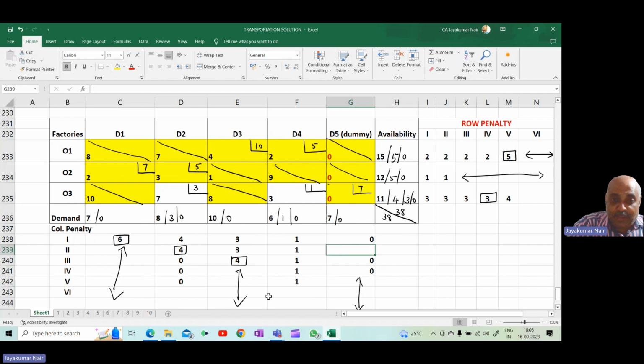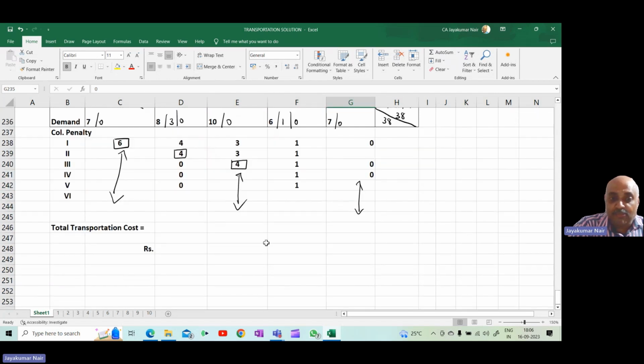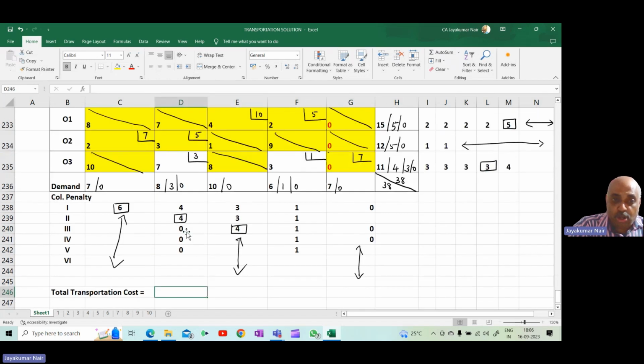So what is the transportation cost now? It is 4 into 10 plus 2 into 5 plus 2 into 7 plus 3 into 5 plus 7 into 3 plus 3 into 1 plus 0 into 7 will give you the total transportation cost.